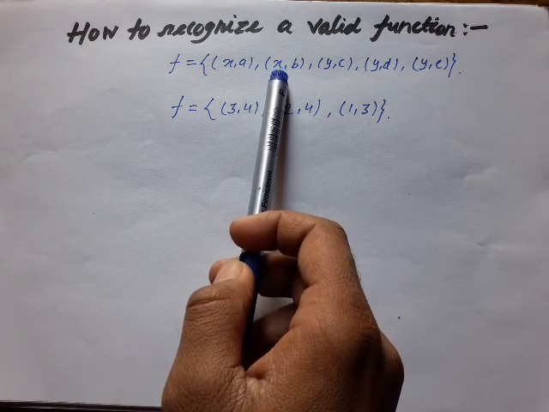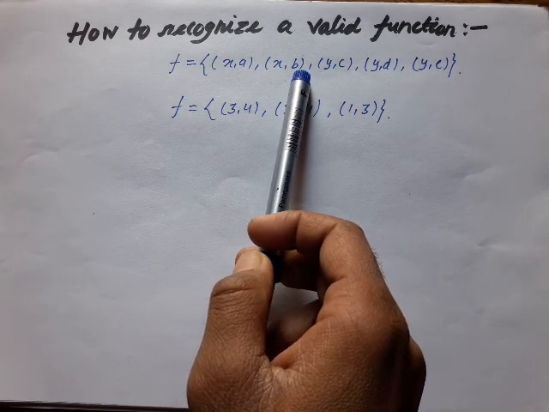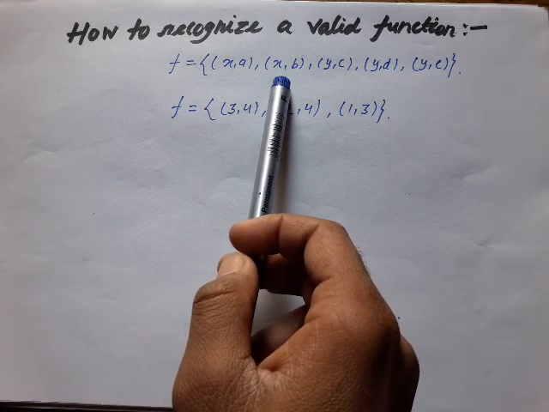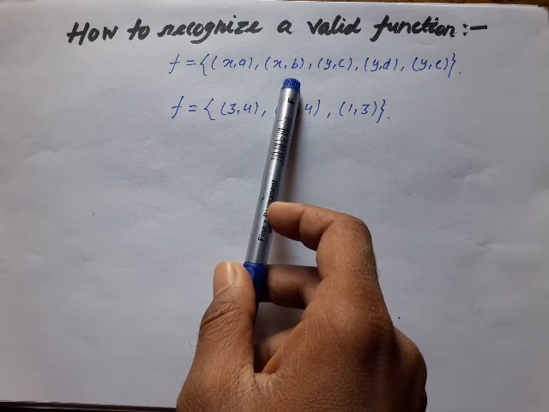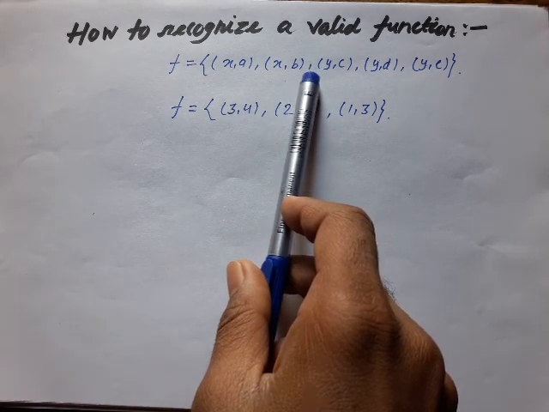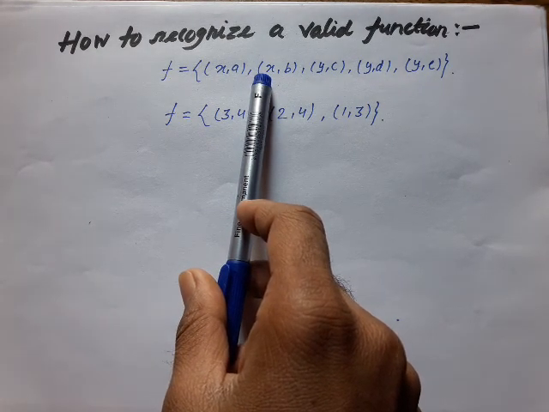Again you can see that x has another image b. So x has two images. But according to the definition, x should have a unique image in B, so this does not fulfill our definition, so this cannot be a function.